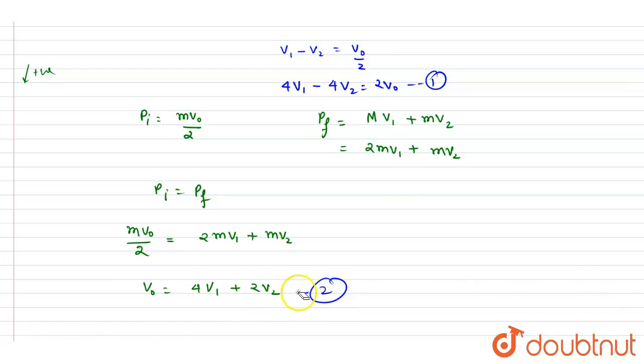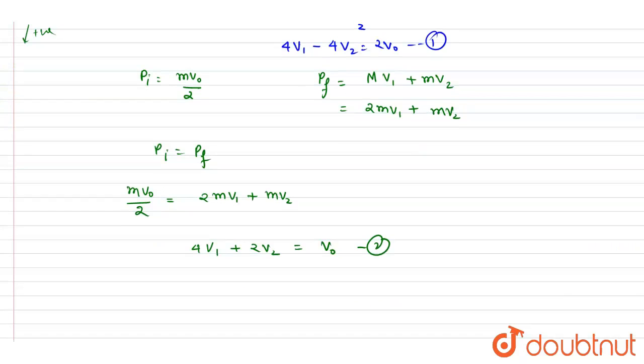So we can also write it like v0 is equal to, if you see, this is v0. So I will write down equation 1, equation 2 minus equation 1.